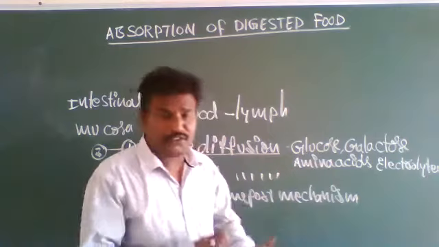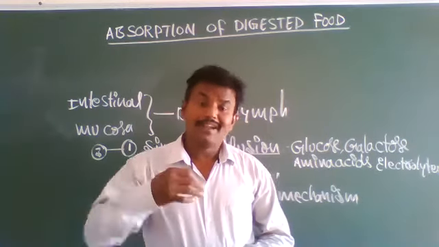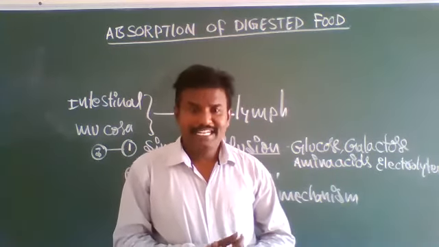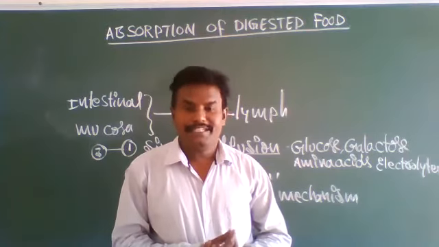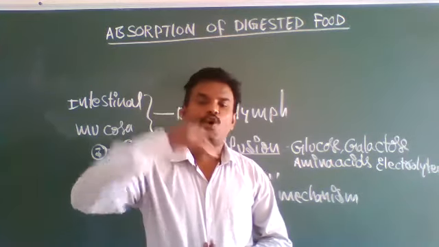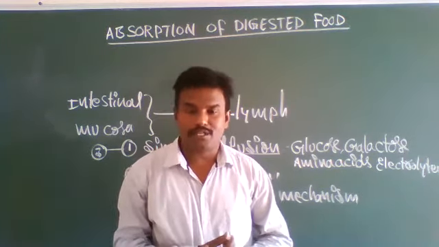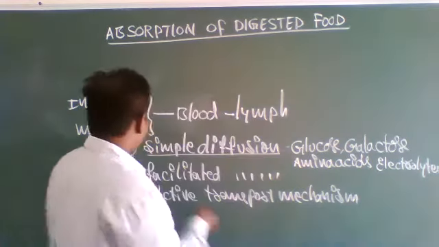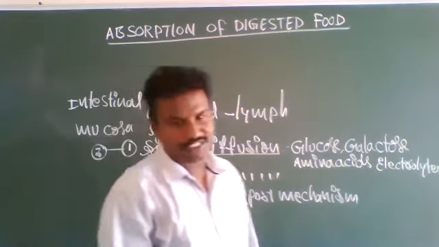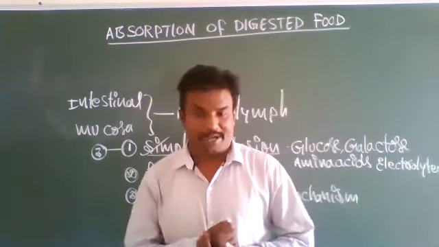Simple diffusion depends upon the concentration gradient, from higher concentration to lower concentration. It is a slow passive transport method.